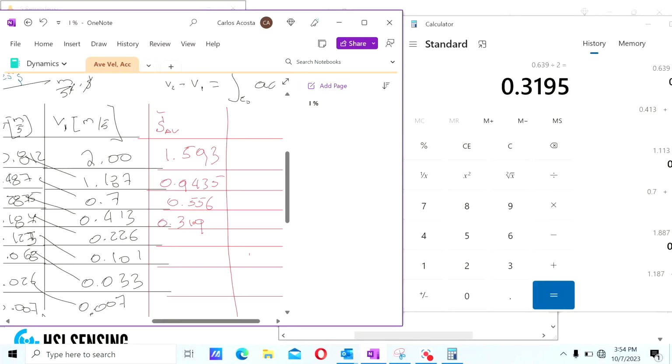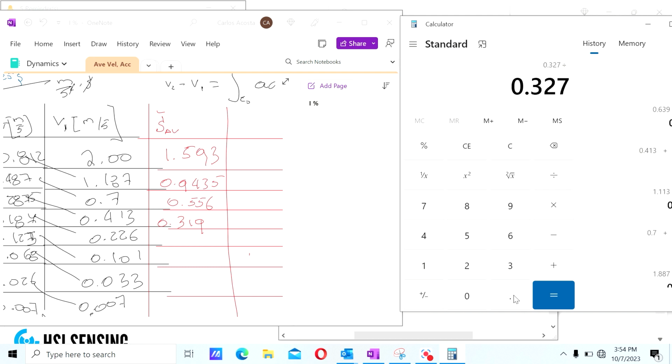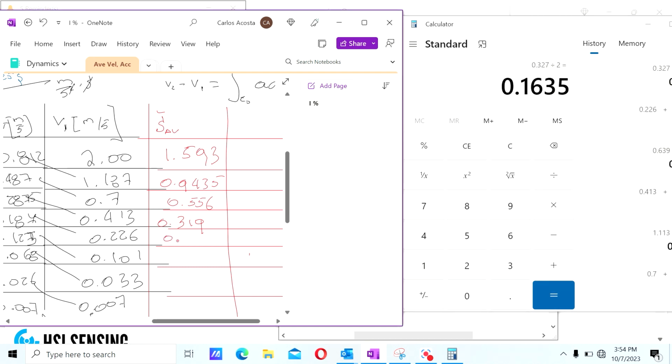Okay, then we have 0.226 plus 0.101, enter, divided by 2 equals, this is 0.1635.